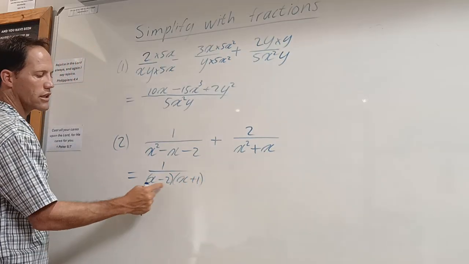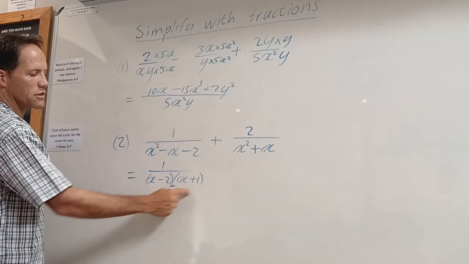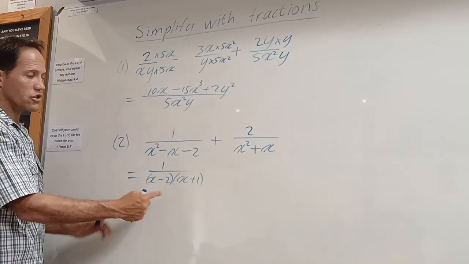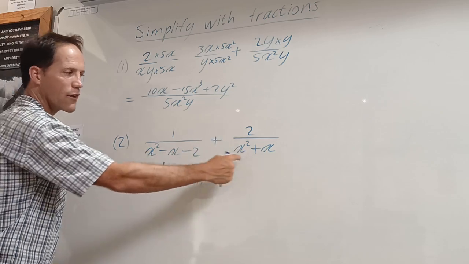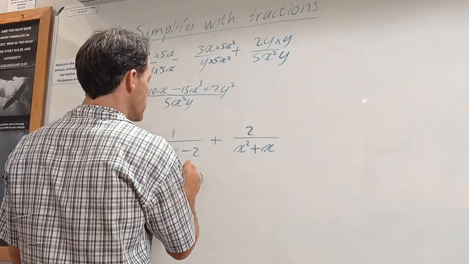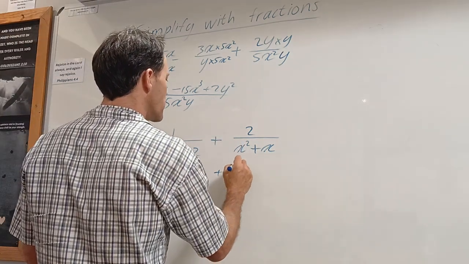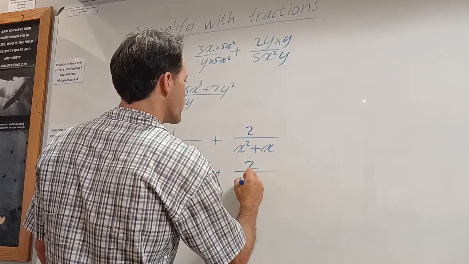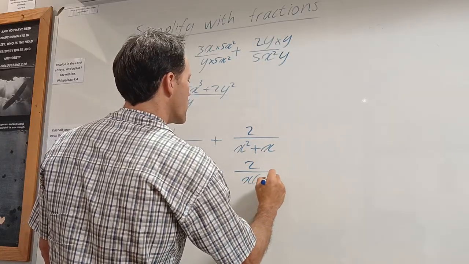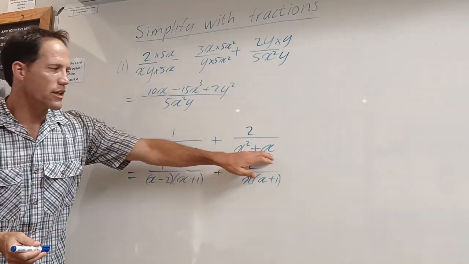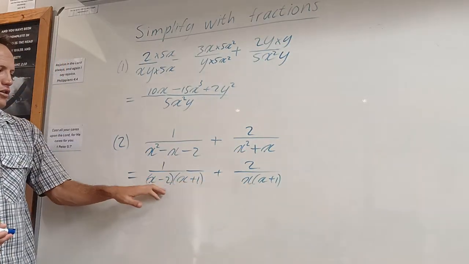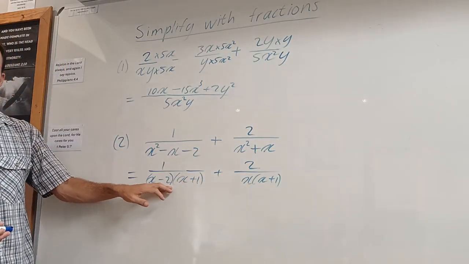Negative 2 times 1 is negative 2, negative 2x plus 1x gives you negative 1x. So I can factorize this. And I do the same here. I first check if I can factorize it, and I can. I can say it's plus 2 over x, x plus 1. So I've found a common factor there, x. Here I used the normal factorizing for trinomials.